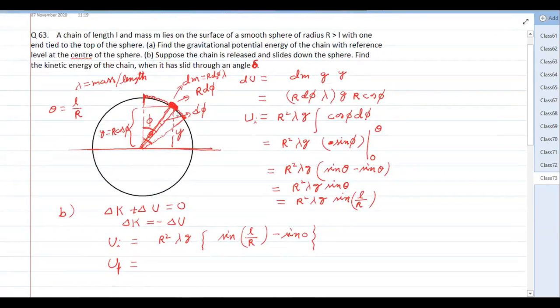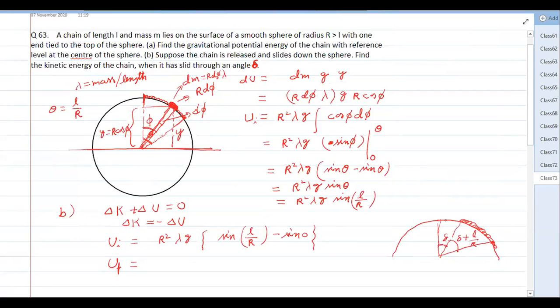I am making a different diagram. Suppose the sphere is like this. Instead of starting from the topmost point, it is starting from some other point, some angle delta, and going up to delta plus L by R, because L by R is the angle subtended by the chain.